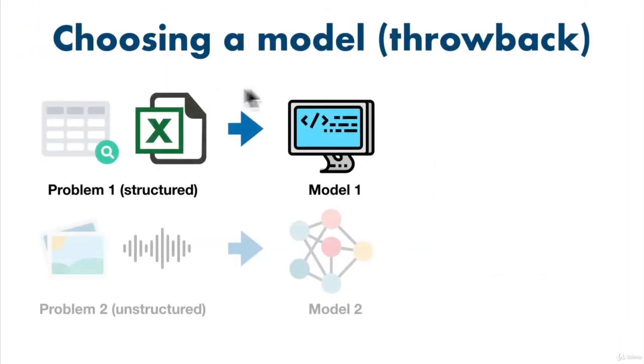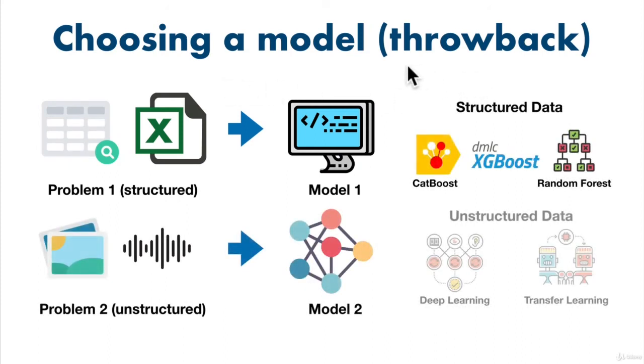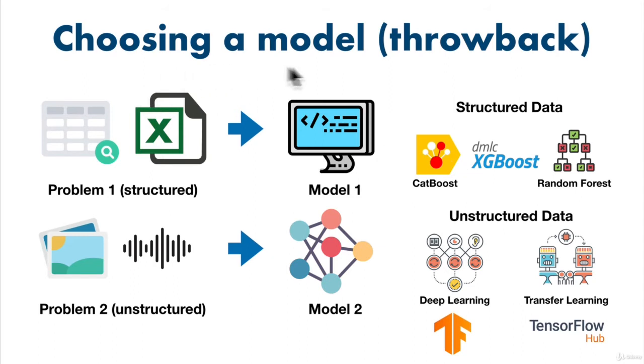Now, if you remember way back in the Machine Learning 101 section, so this is why I've got throwback here, we looked at this slide, choosing a model. So we've got structured data here. You might choose a model and you might use one of these libraries on structured data like CatBoost, XGBoost, or Random Forest. We saw that in sklearn. Now, we're going to start working with problem 2, unstructured data. So we've got photos or audio files here, and we've got model 2, which is more like a neural network.